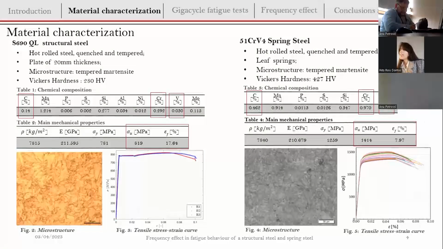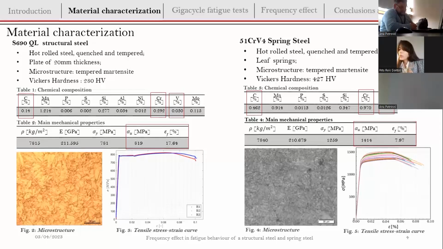So here you can see the characterization of these materials. We studied the S690 structural steel. This material was hot rolled, quenched and tempered, and we manufacture our specimen from a plate of 20 millimeters of thickness.